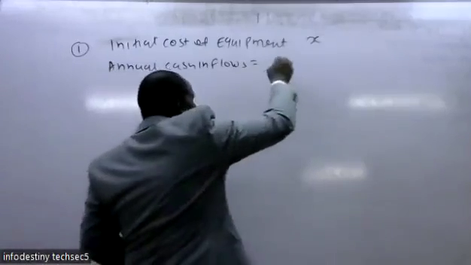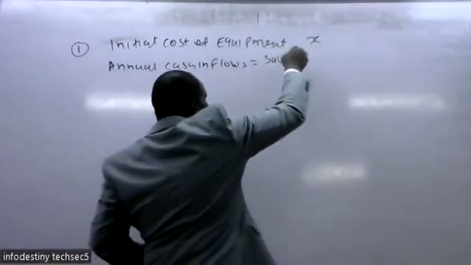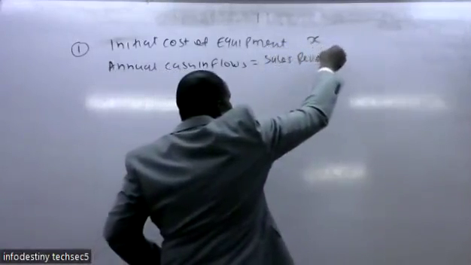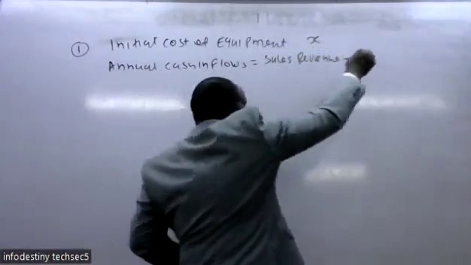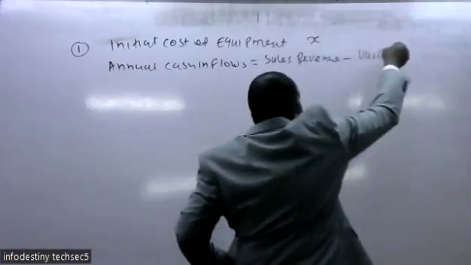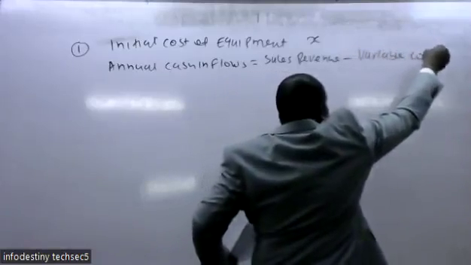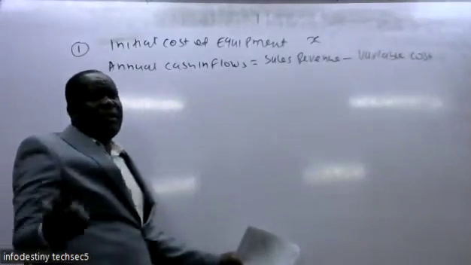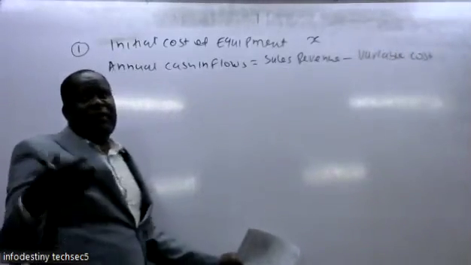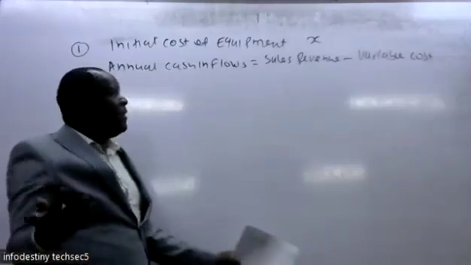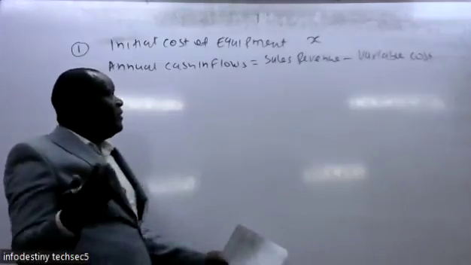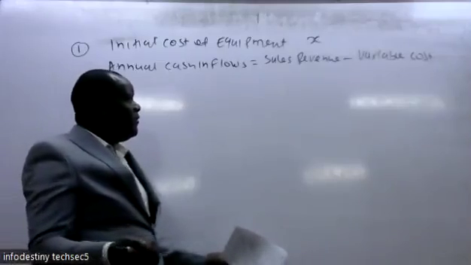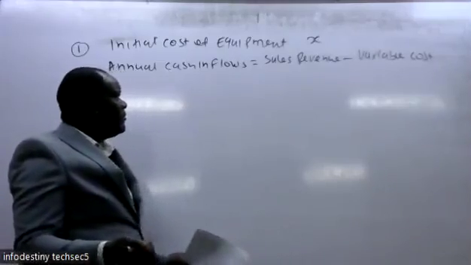So we shall simply be taking the sales revenue and subtracting the variable cost. So this question had no fixed cost. Also, it has no tax, so there is no need for us to depreciate.